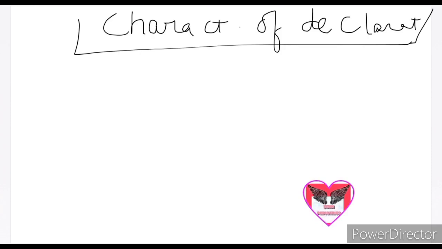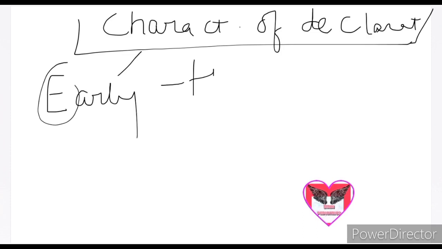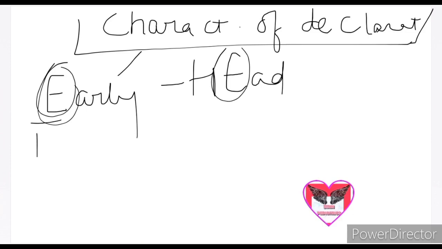What are the causes for early deceleration, variable deceleration or late deceleration? For early, write just EAR, early. Here write HEAD, head. Just remember like this. Similarly, late: when a person gets late, means die.